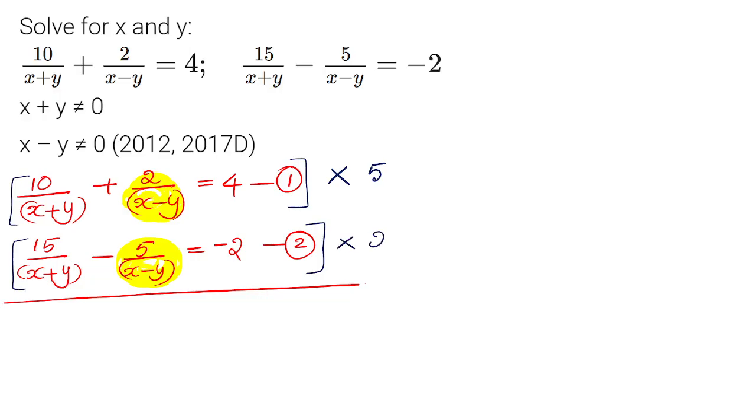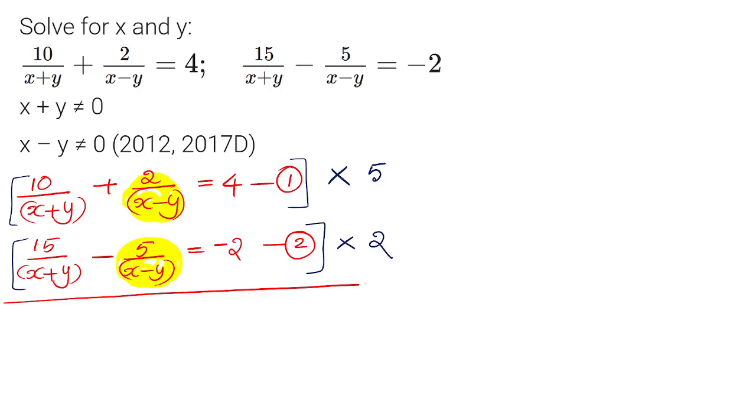The second equation will be multiplied by 2. 5 into 2 will be 10. So if you multiply by 2 here, this term will be 10 by x minus y. So you will get 10 by x minus y and 10 by x minus y. The elimination is possible. So in some questions, the first equation as well as the second equation have to be multiplied by some number.